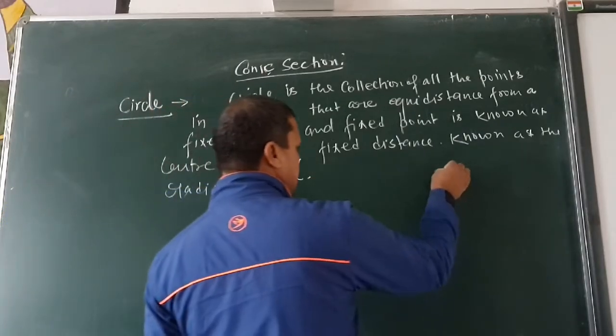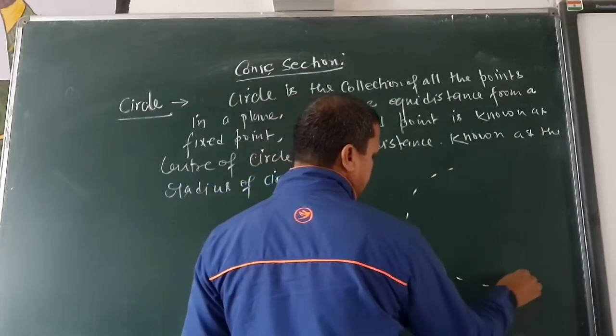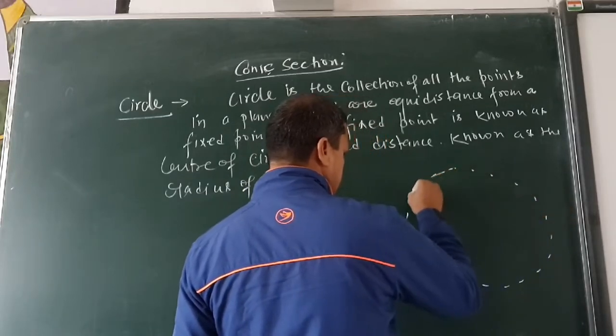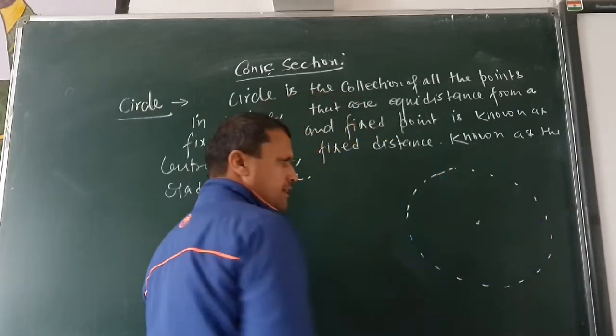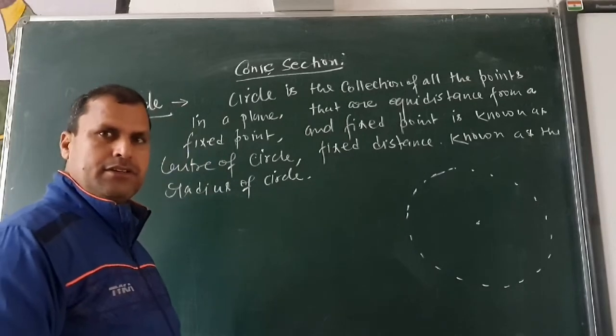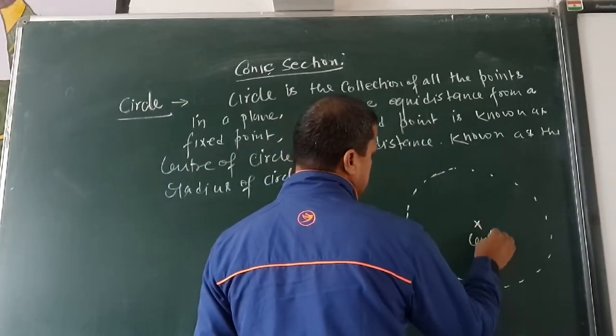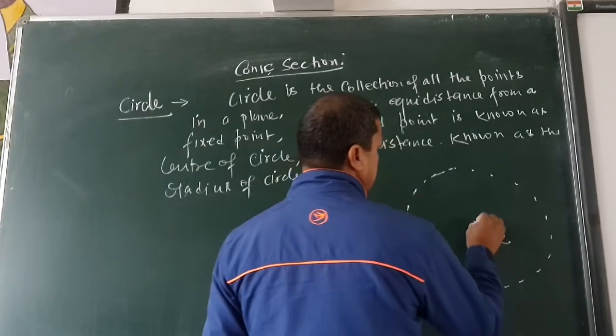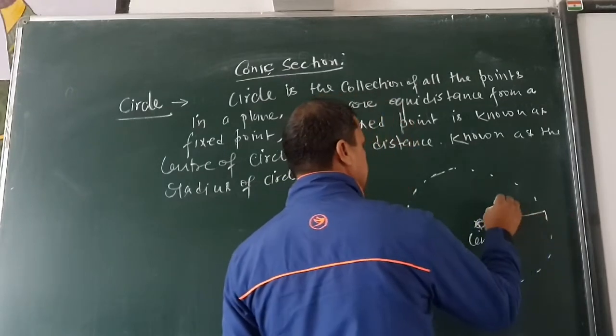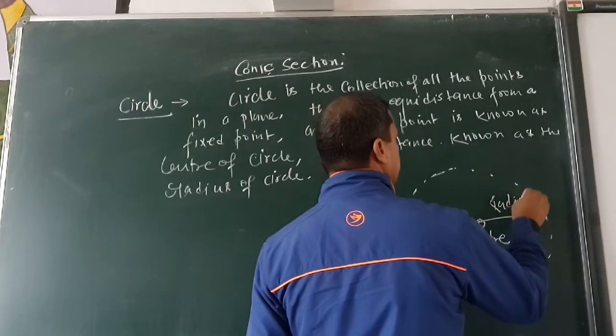So it is the collection of all the points in a plane. So this is the circle, and this is the fixed point O. It is known as the center, and this distance is known as the radius.